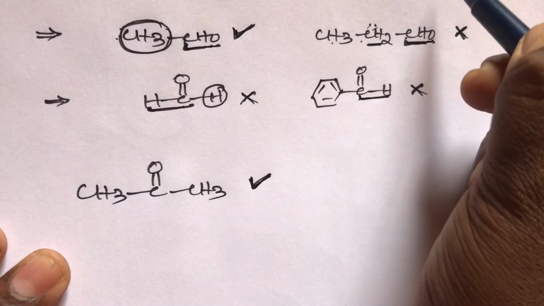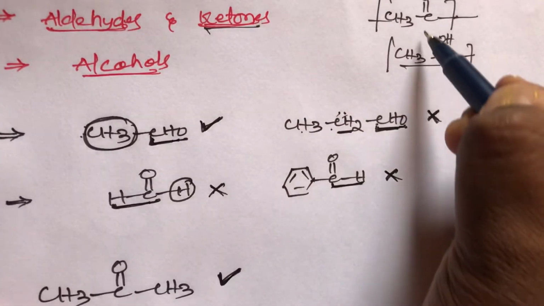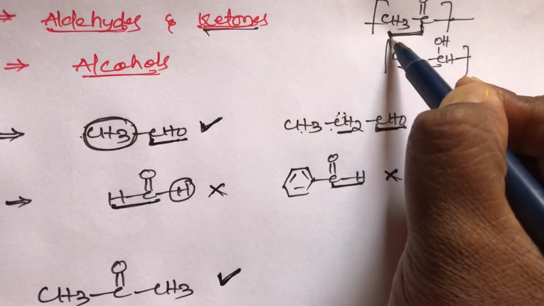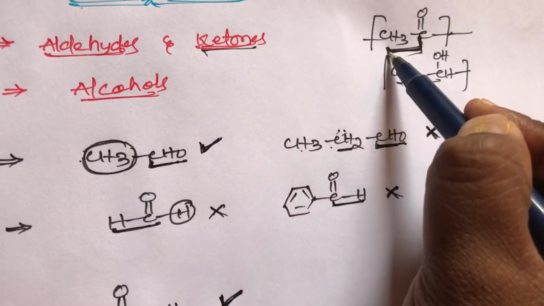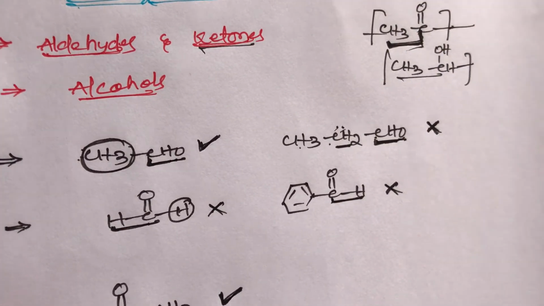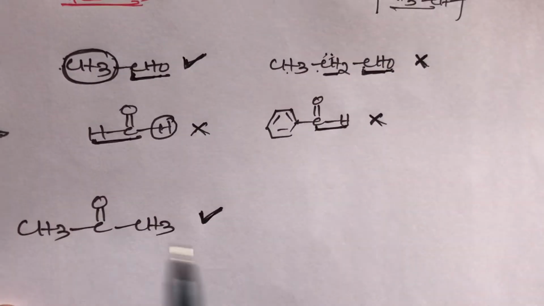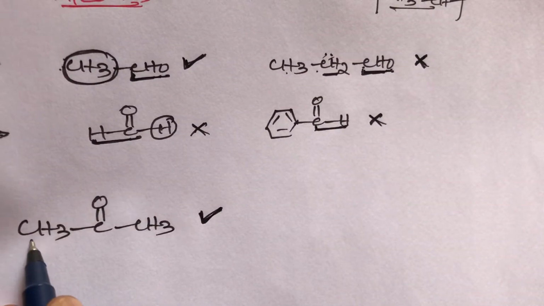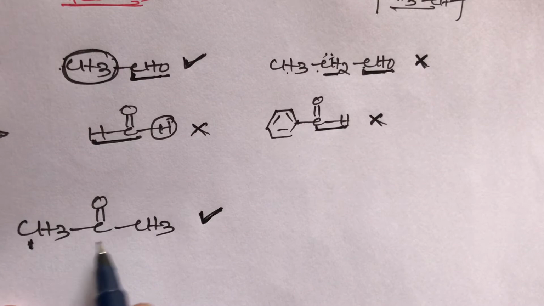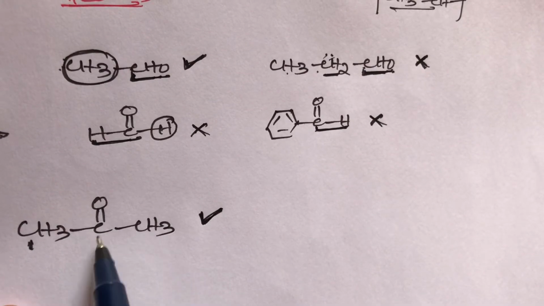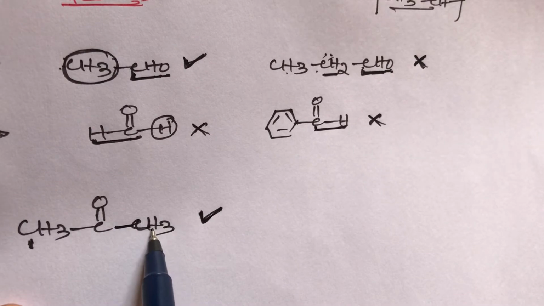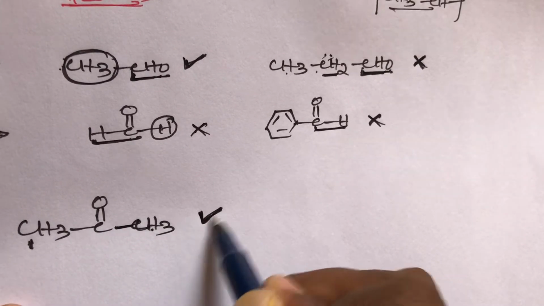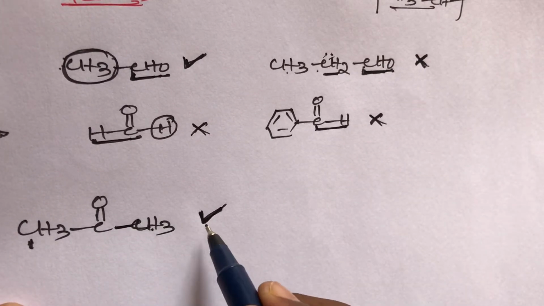What I said, students, is that the CO group must have at least one methyl group beside it. But in this ketone, methyl groups are on both sides. The left hand side has one methyl group and the right hand side also has one methyl group. This keto group is directly connected with methyl groups on both sides, so acetone gives the iodoform test.